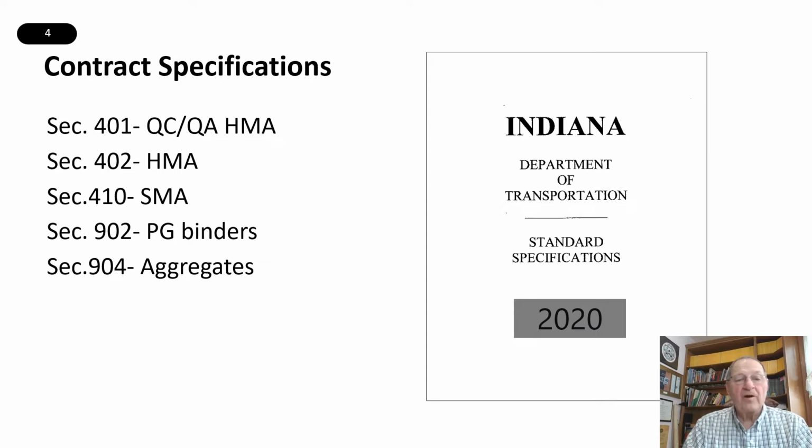Section 410 deals with SMA, stone matrix asphalt. This is a specialty type of mixture that is used predominantly on high volume roads, or basically the only place you will find it is on high volume roads. Regarding the materials, asphalt binders are specified in section 902 of INDOT specifications, and aggregate requirements are in section 904.